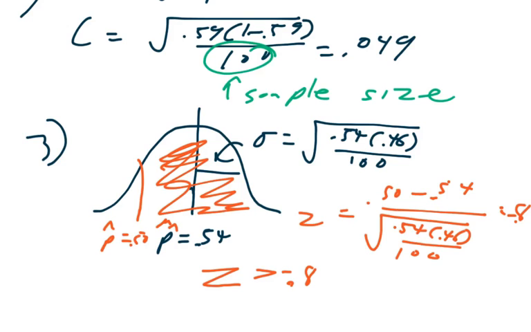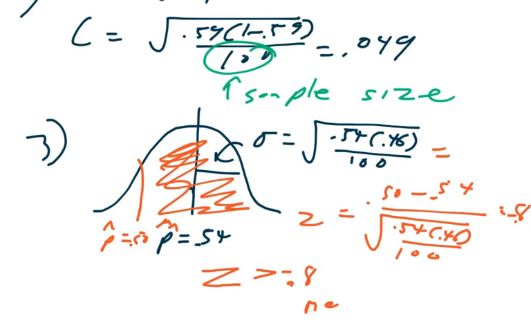And then we need z to be bigger than negative 0.8, so I'm going to use normal CDF from negative 0.8 to a billion, with the standard deviation... I'm sorry.